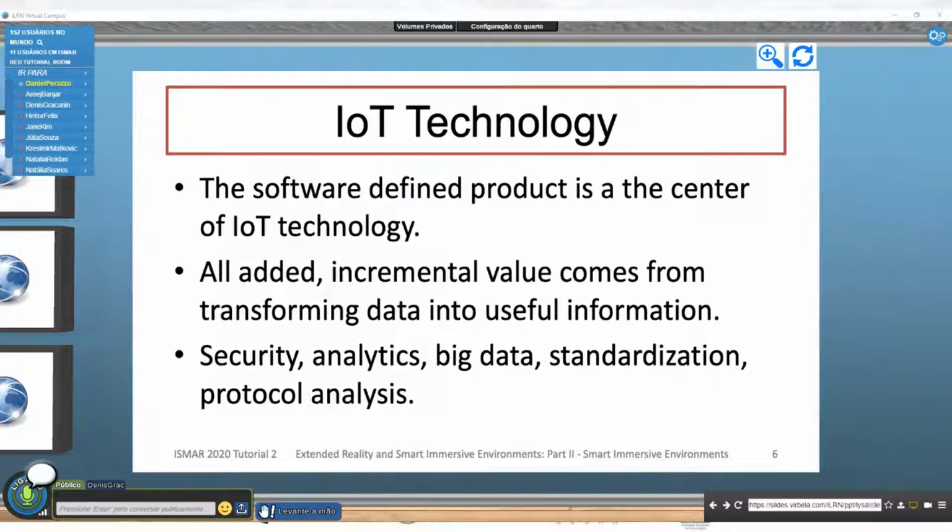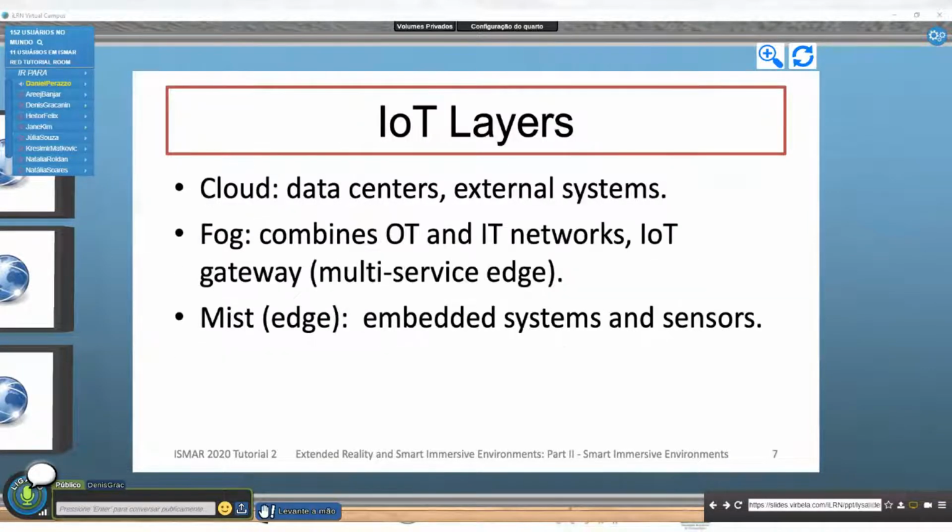So when we are looking at IoT layers at very low granularity, we can look at the IoT at the cloud. In other words, we have data centers and external systems, and many IoT cloud systems, let's say IBM Watson, Microsoft Azure, to name a few.